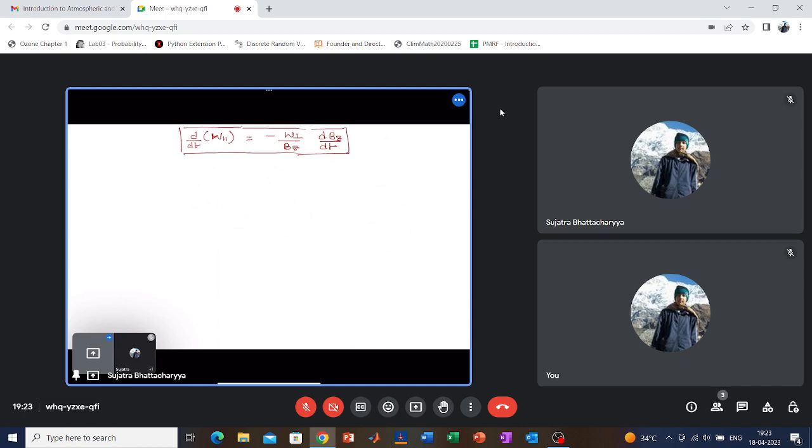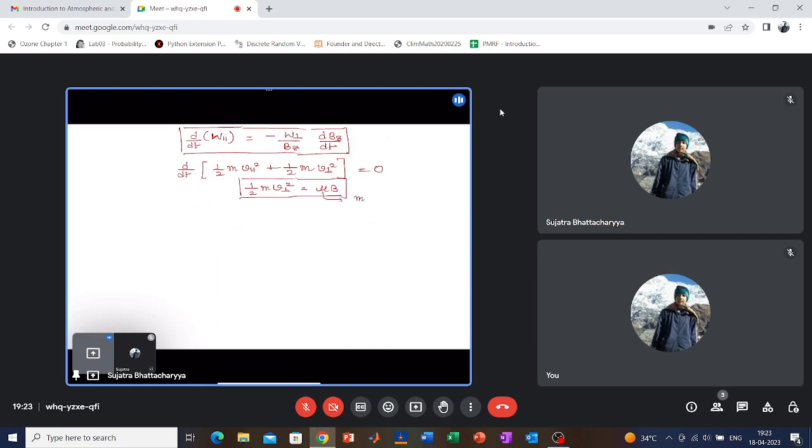Clear? Now d dt, energy conservation, is half m V parallel square plus half m V perpendicular square. That should be equal to 0. So half m V perpendicular square is actually mu into B. This is magnetic moment.